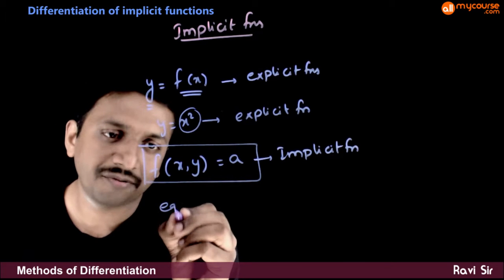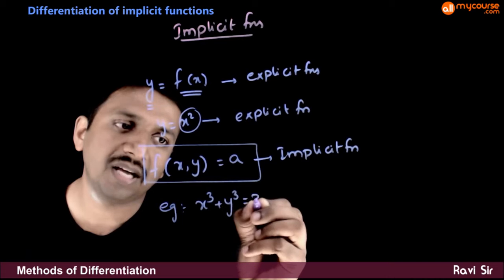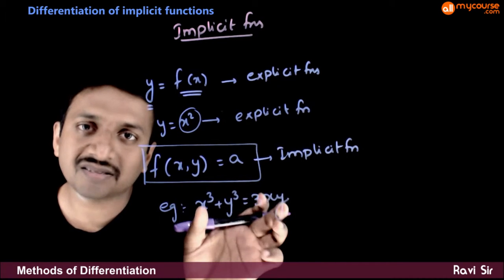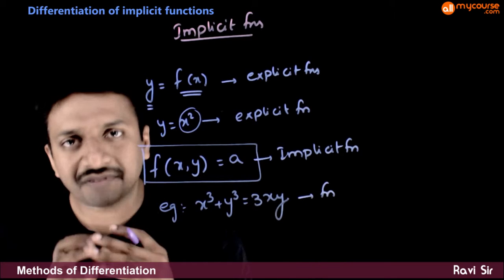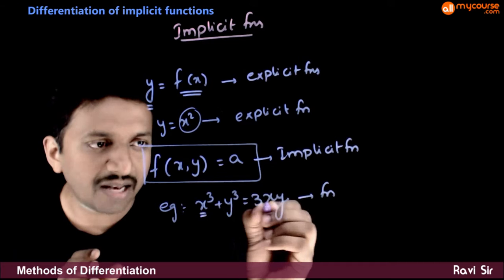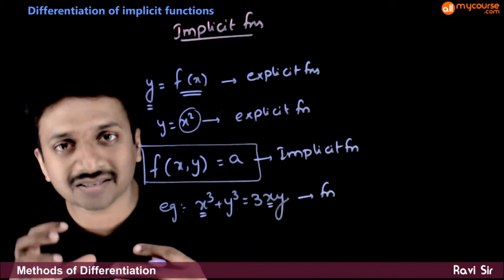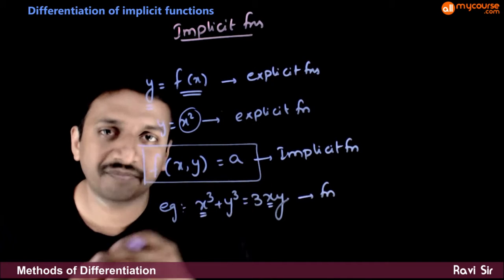For example, you have x cube plus y cube is equal to 3xy. If this is the function, this is a function because, what is a function? It is a rule which connects x's to y's, right? For a given x, you should have a y.